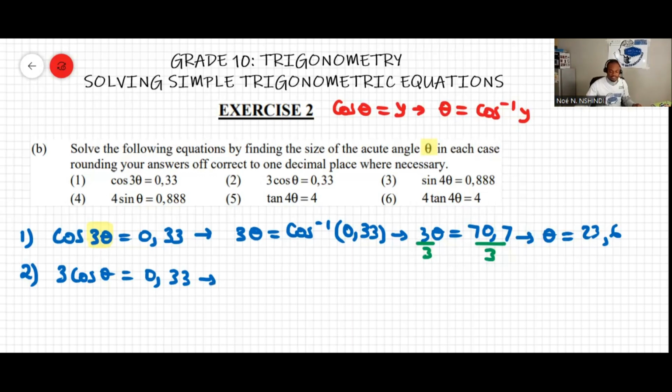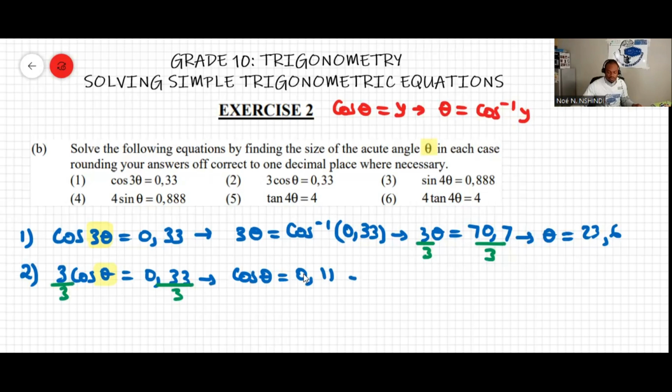In this case, it's only theta that is the angle. First, we need to get rid of the coefficient. I divide here by 3 and divide there also by 3. We get rid of the coefficient, and this makes cos theta equal to 0.11. If you do 0.33 divided by 3, it's going to be 0.11.